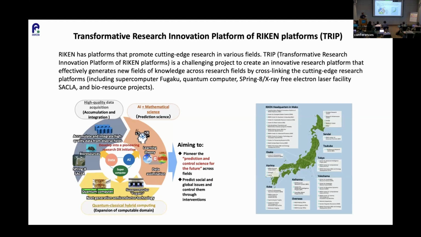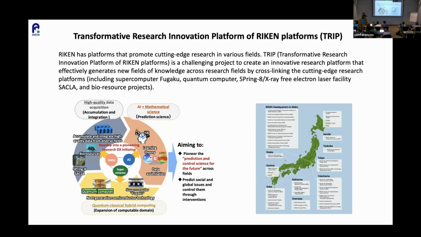Briefly speaking, the idea is that all the research at RIKEN should be data science, not only biology but many other areas of research, physics and chemistry, right? They have data, but those data have been treated in a very classical way so far.